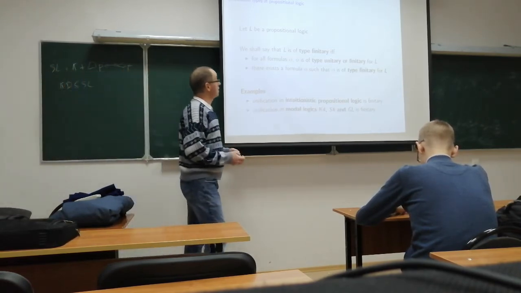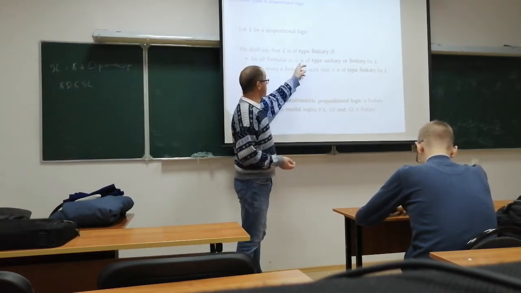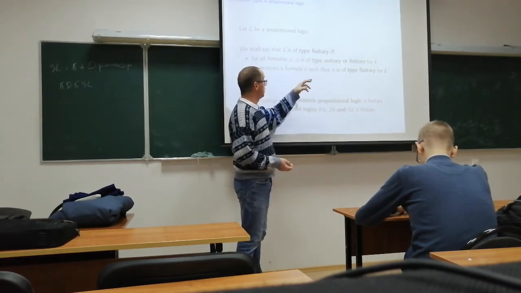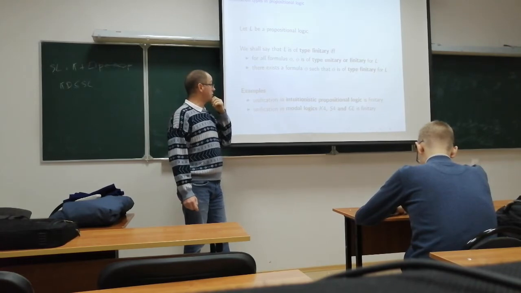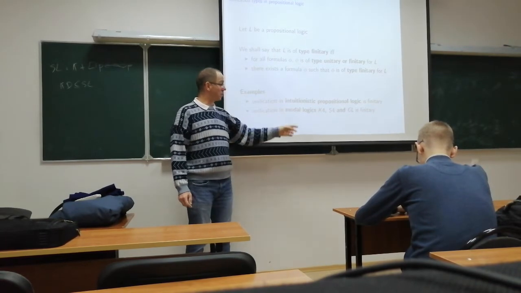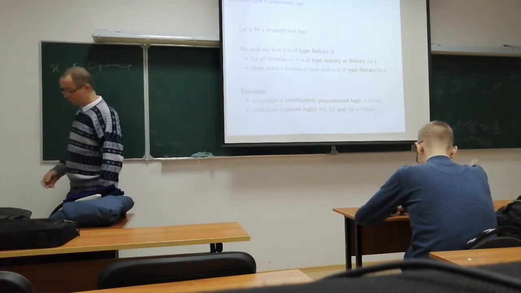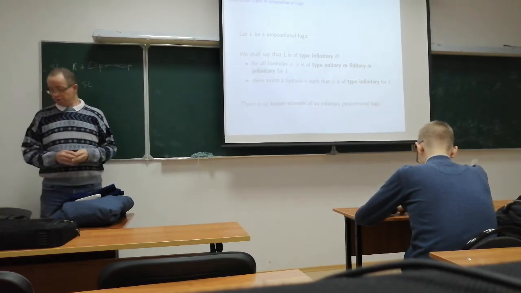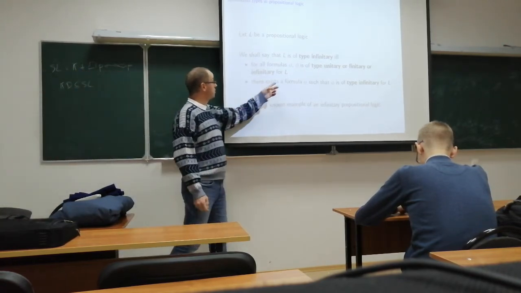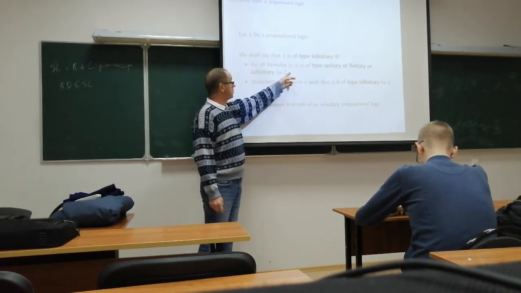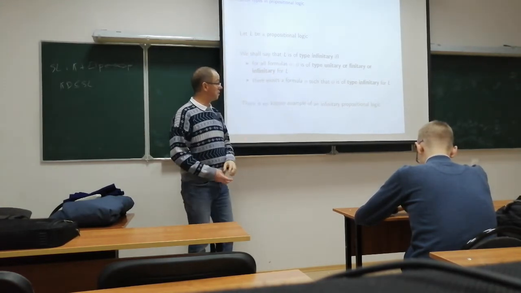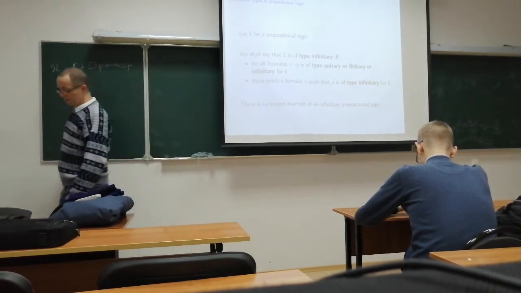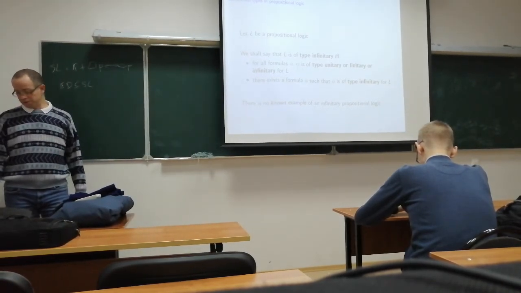A logic is finitary if all unifiable formulas are finitary or unitary, and there exists a strictly finitary unifiable formula, for example, intuitionistic logic and such modal logics. A logic is infinitary if all unifiable formulas are unitary, finitary, or infinitary, and there exists at least one formula which is infinitary. It is not known if there is such an infinitary logic.